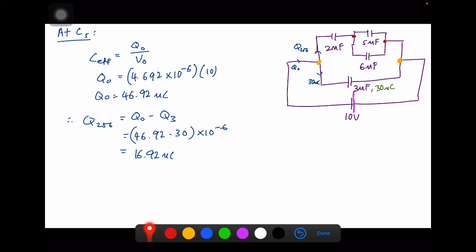So whatever the values here, I can minus Q0 minus 30, I got 256. So Q0 is 46. I minus that one, I got 16.92. So the 16.92 represents this part, 16.92 microcoulomb. It's actually Q256. And that amount goes here, and then here it separates into two again.